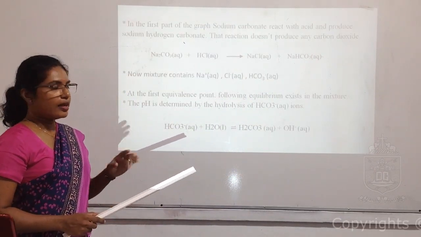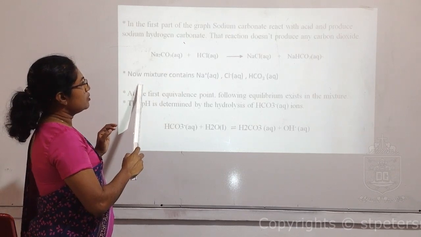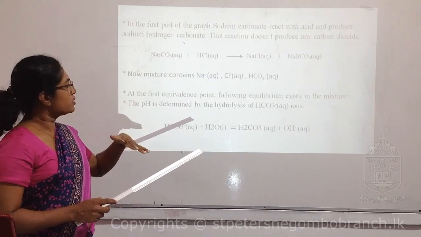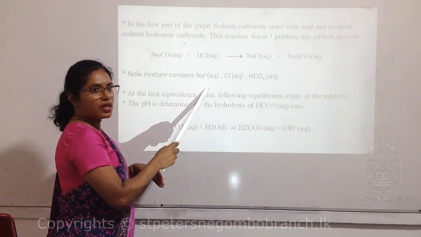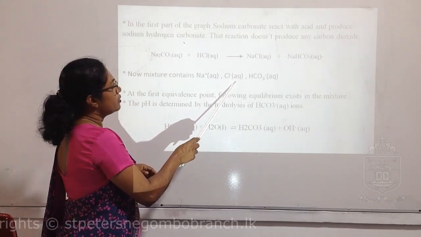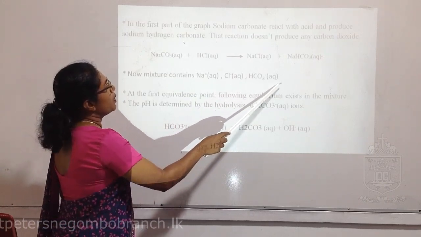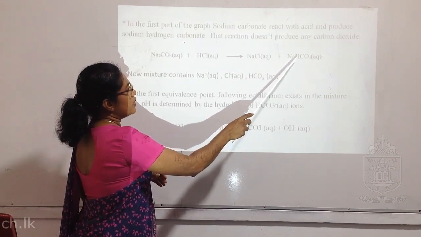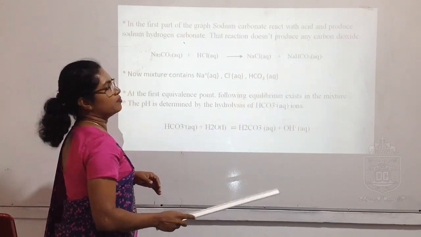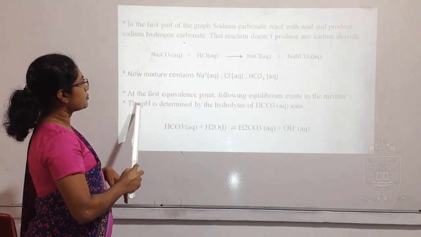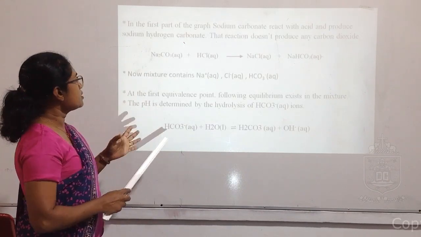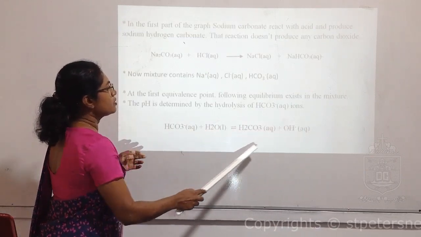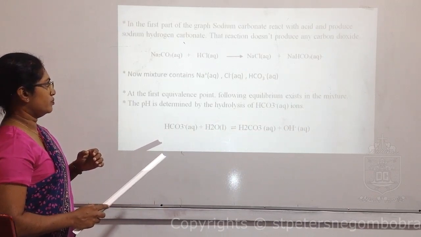At the end of this reaction, the mixture contains sodium ions, chloride ions, and bicarbonate ions that dissociate from sodium bicarbonate. At the first equivalence point, this equilibrium exists in the mixture.